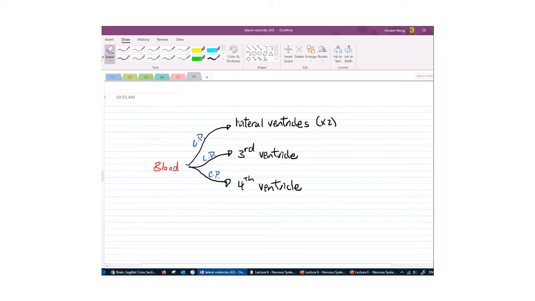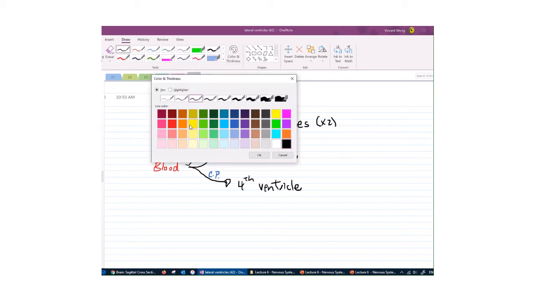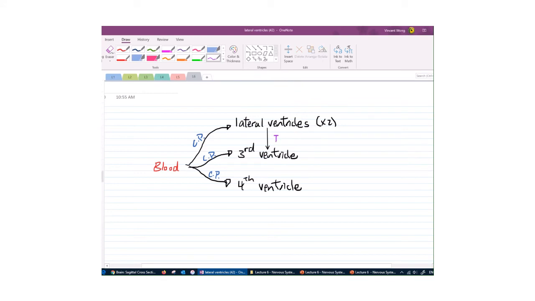Once you fill up the lateral ventricle, the CSF is going to flow into the third ventricle. But in order to do that, you must be able to go through the interventricular foramen. Okay, a hole.